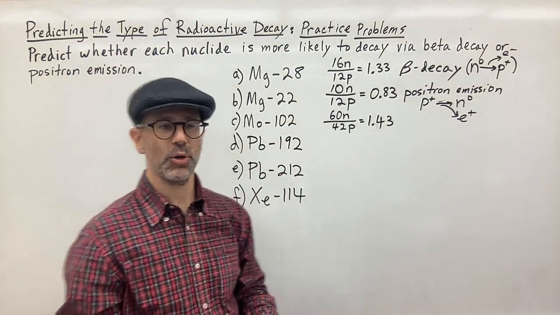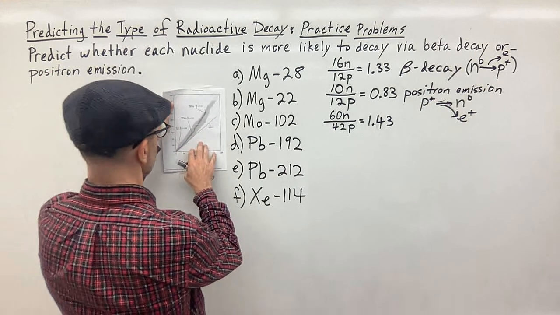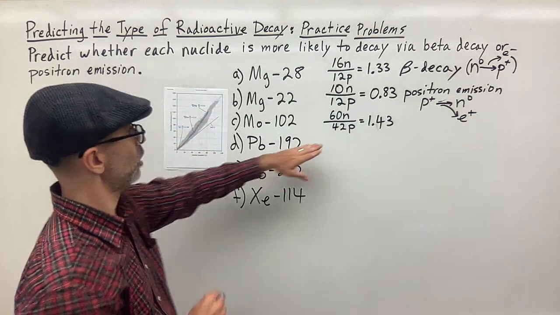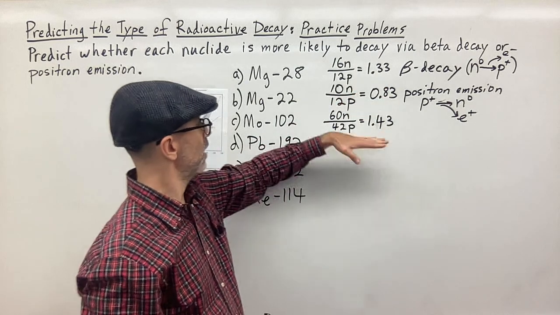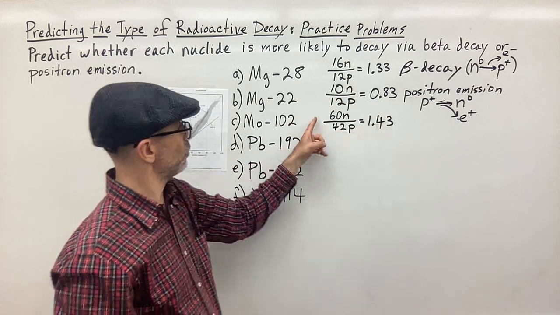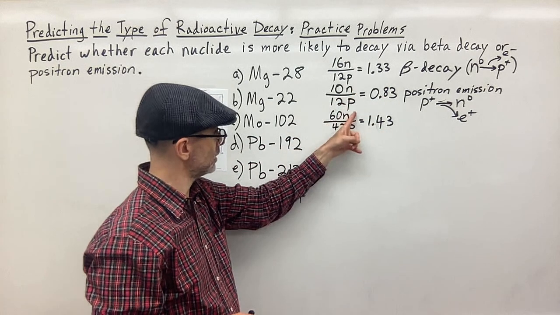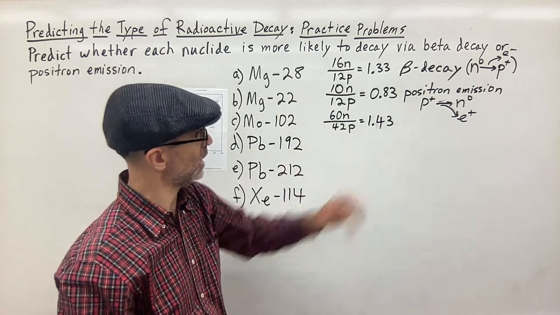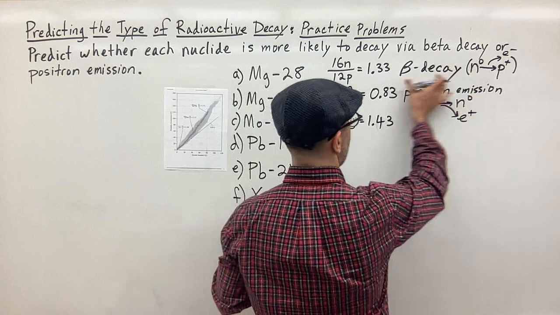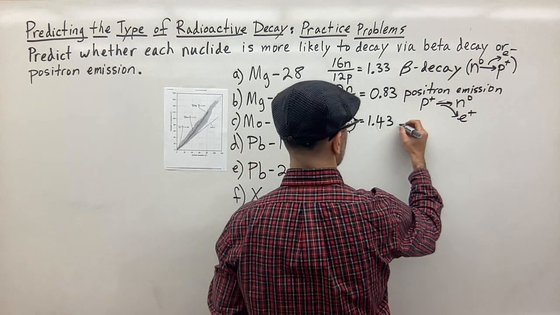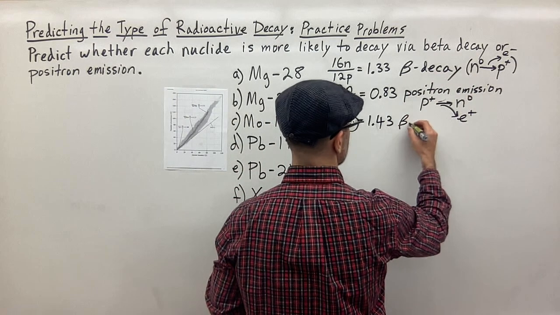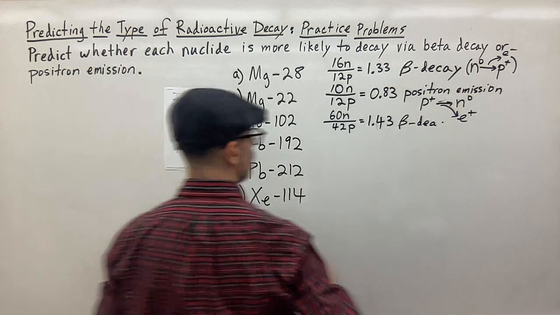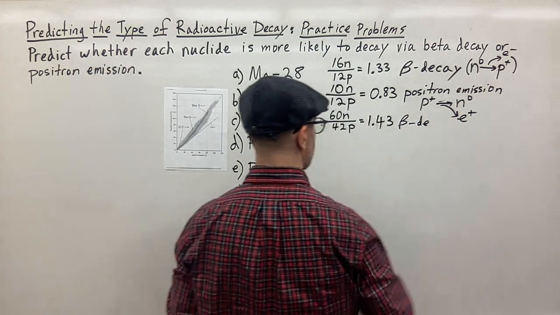So the ratio here is too large. So once again, because the ratio is too large, we need the neutrons to decrease and the protons to increase. So we need neutrons to go to protons, and so again, we would expect beta decay for this isotope of molybdenum.